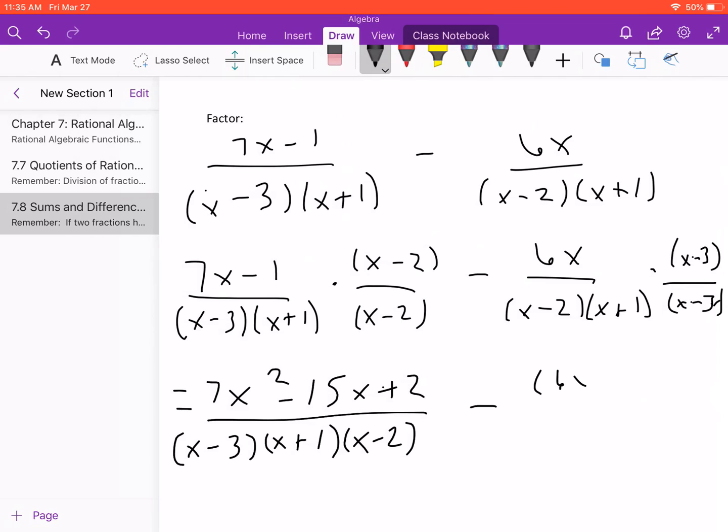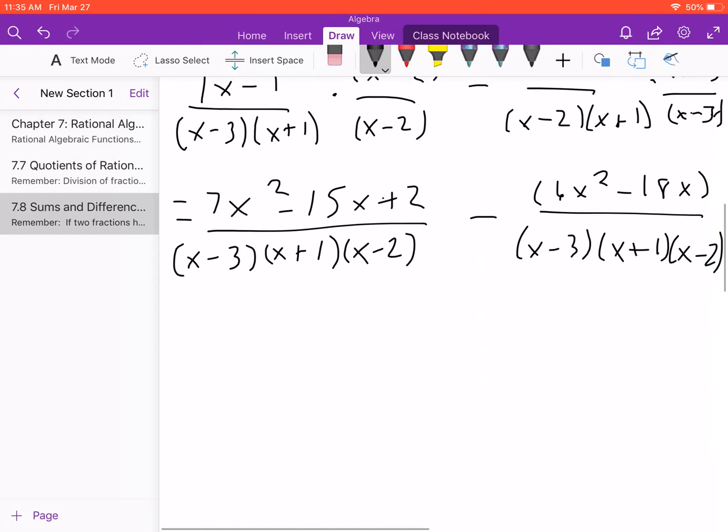And on the right side, 6x times (x minus 3) becomes 6x squared minus 18x, all over the same least common multiple of (x minus 3) times (x plus 1) times (x minus 2).